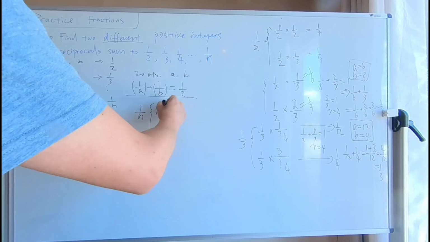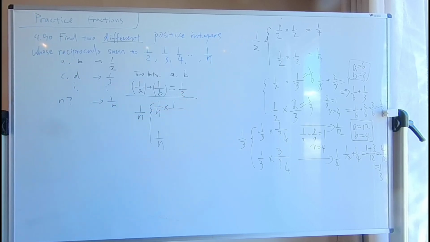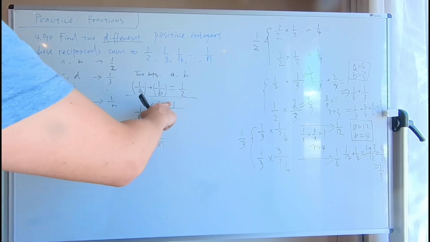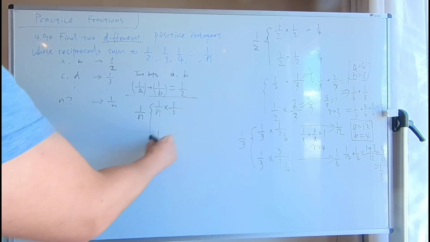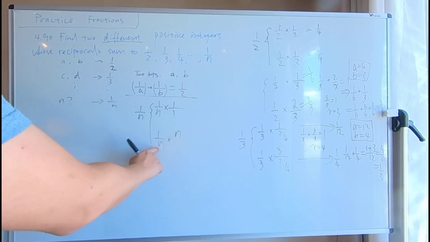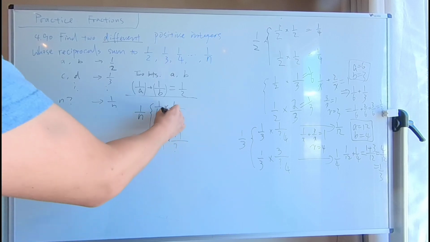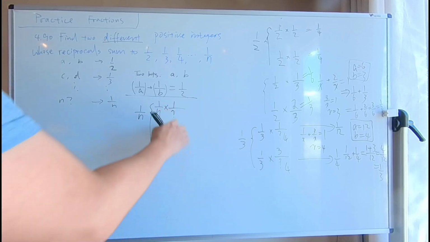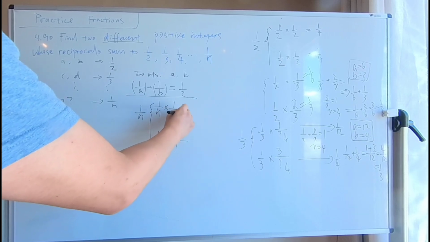From what we derived here, the first portion in terms of fraction has a 1 on the top. I don't know the denominator yet. This one has an n on the top, so this can be cancelled out. I don't know this denominator yet. But then the denominator must be the sum of these two. So the denominator is n plus 1.